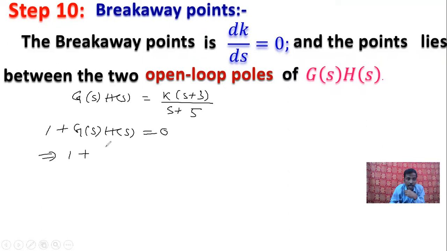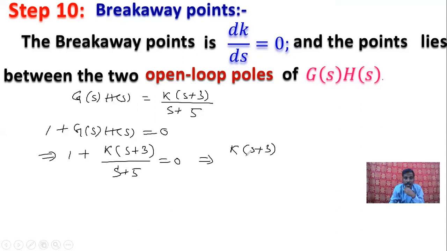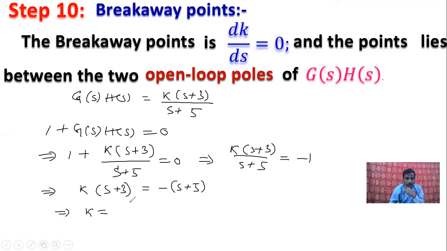Then K(S plus 3) divided by (S plus 5) equals -1. This is equivalent to K(S plus 3) equals minus (S plus 5), or K equals minus (S plus 5) divided by (S plus 3).